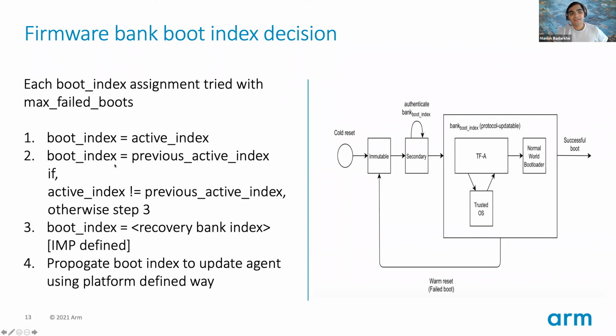Suppose consider the case where the authentication passed for the active index and everything went well, but once the control goes to the normal world, some functionality is not working and we are getting continuous watchdog resets.